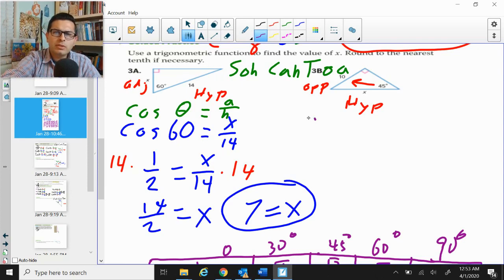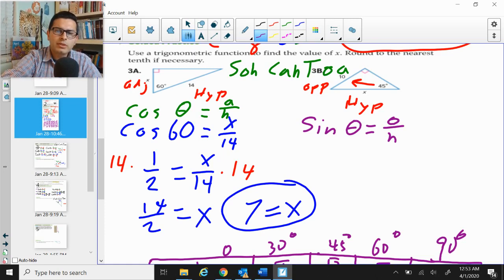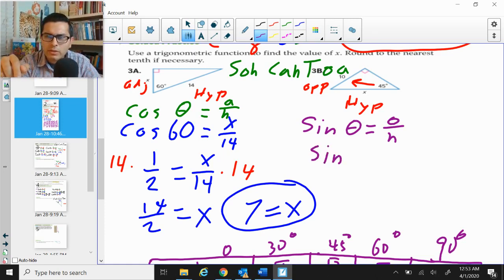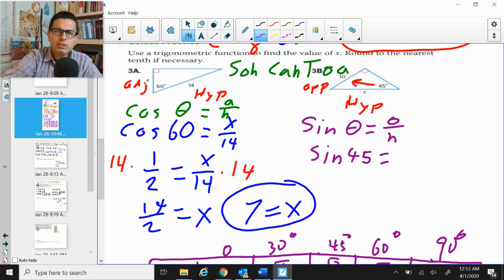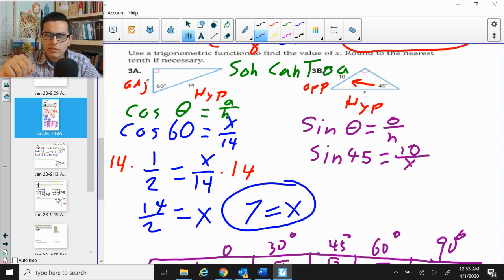We're going to use sine, and this is going to derive from sine of theta equaling opposite over the hypotenuse. So sine of, what is our angle? Well, it equals 45. So we're going to use sine of 45, and that's going to equal opposite, which is 10, over our hypotenuse, which is x.